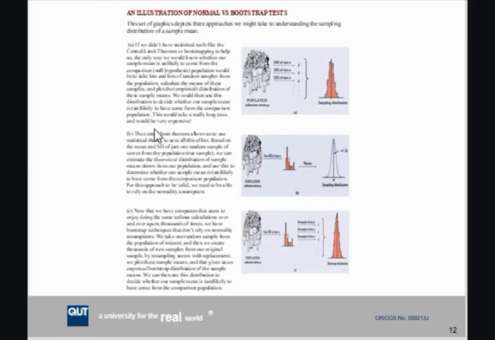Okay, and so theoretically it builds up this theoretical sampling distribution of the means. What bootstrapping then does is, based on our single sample, it resamples and makes an empirical distribution that is an estimate of what our sampling distribution would be.